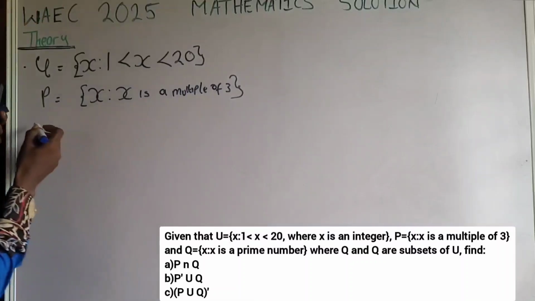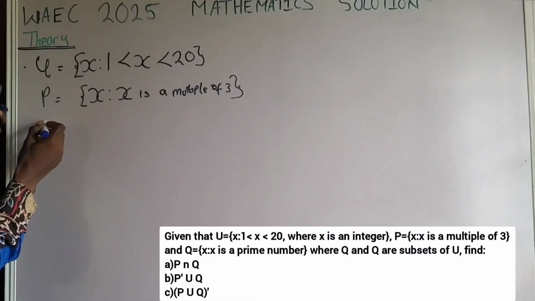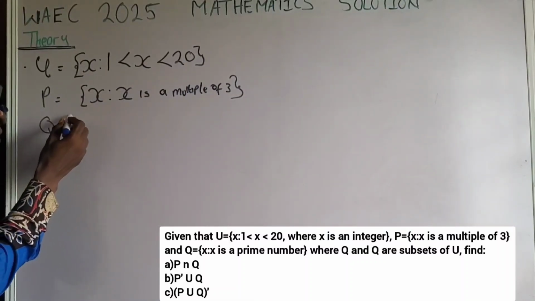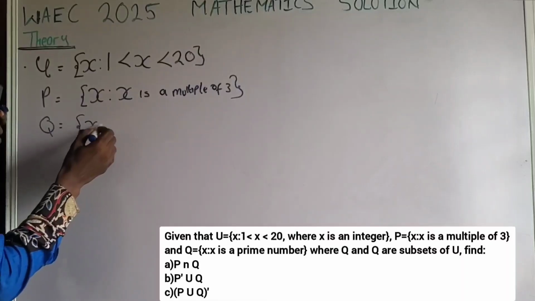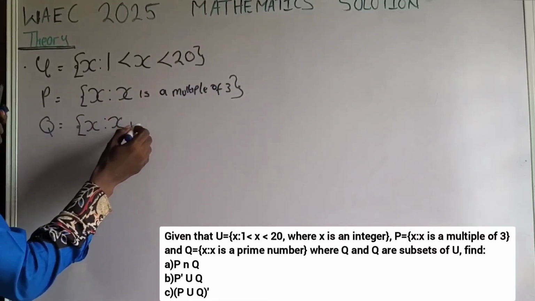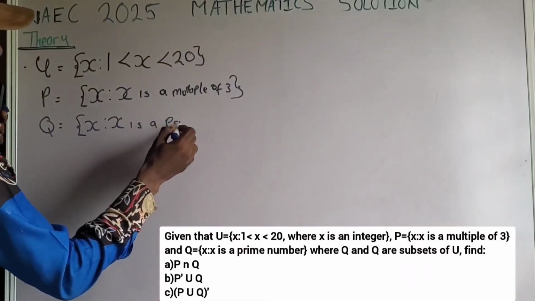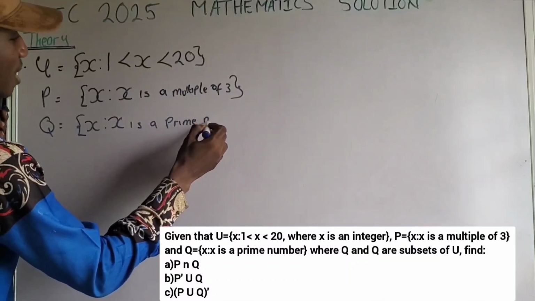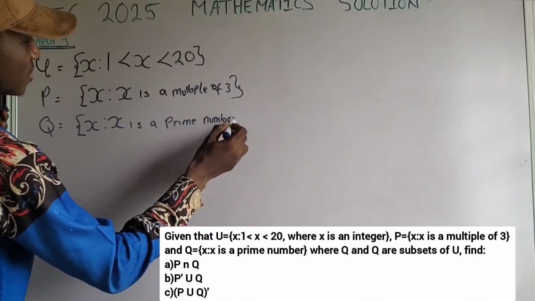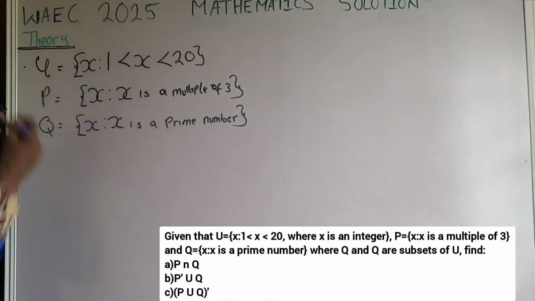Then we are given another set Q. For set Q we have x such that x is a prime number, where P and Q are subsets of the universal set.